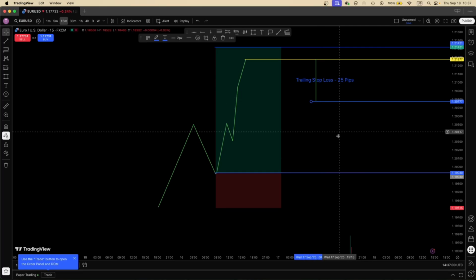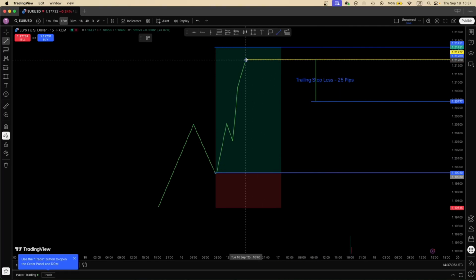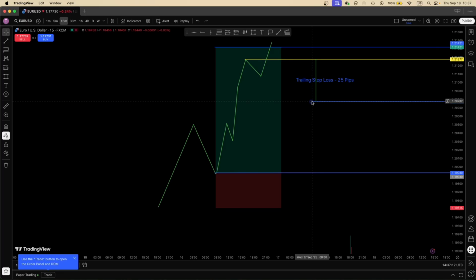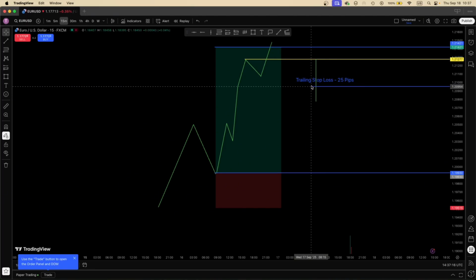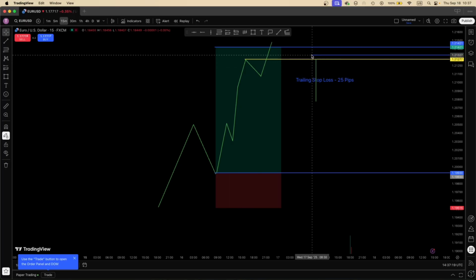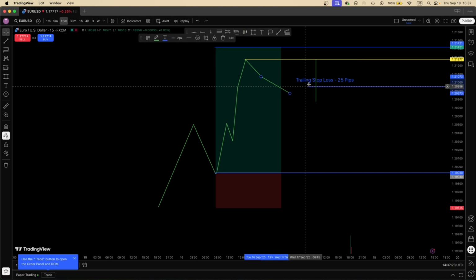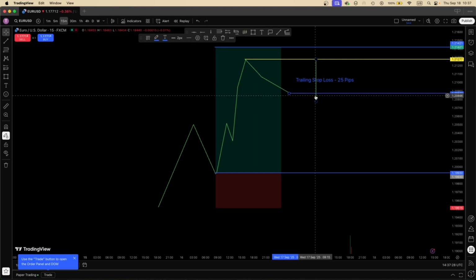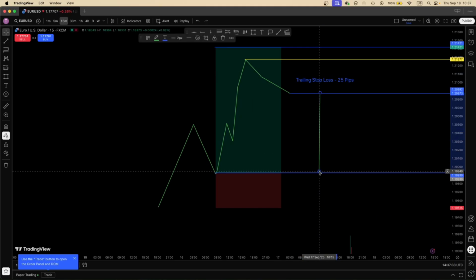So basically it's locking a certain amount. So maybe the market were to dip, it doesn't do anything, but if it goes beyond this, it trails the stop loss higher and higher and higher. So it's basically locking money for you as the market goes higher. So in case there is a sudden drop like this, you will be cashed out at that point, where this entire thing is your profit.